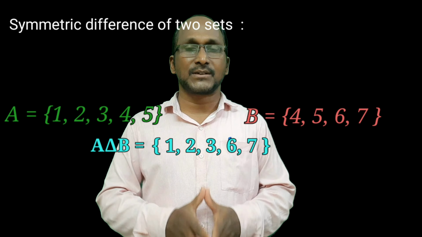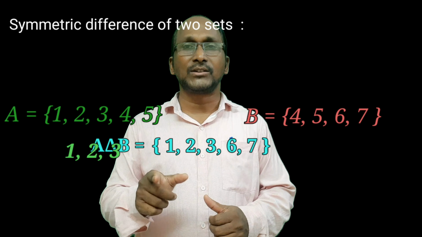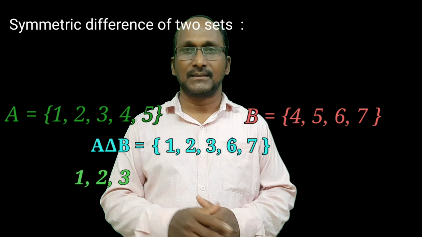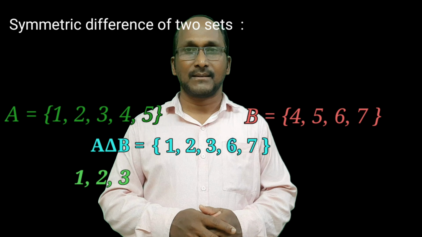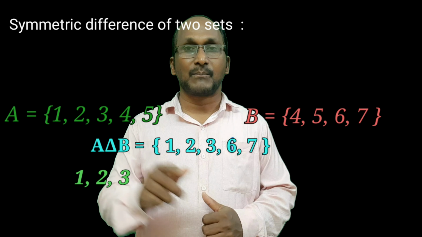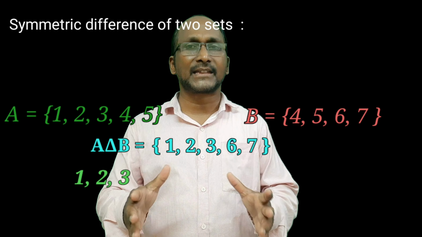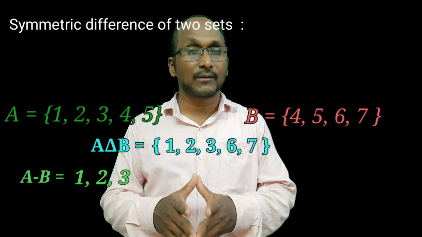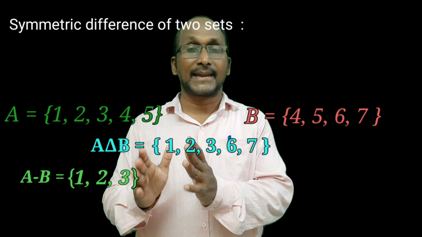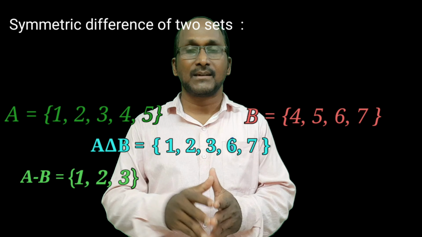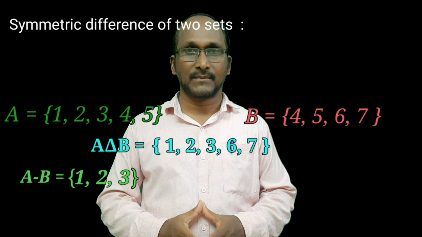Here, if you observe, the elements 1, 2, 3, they belong to first set A but not to second set B. It is nothing but A minus B. So, the set of the elements 1, 2 and 3 belong to the set A minus B.